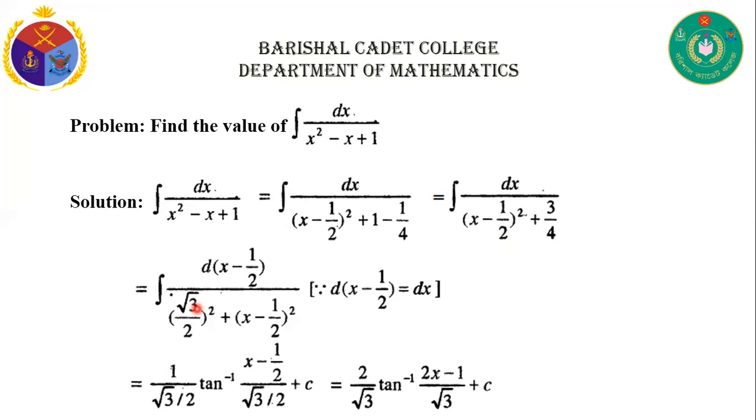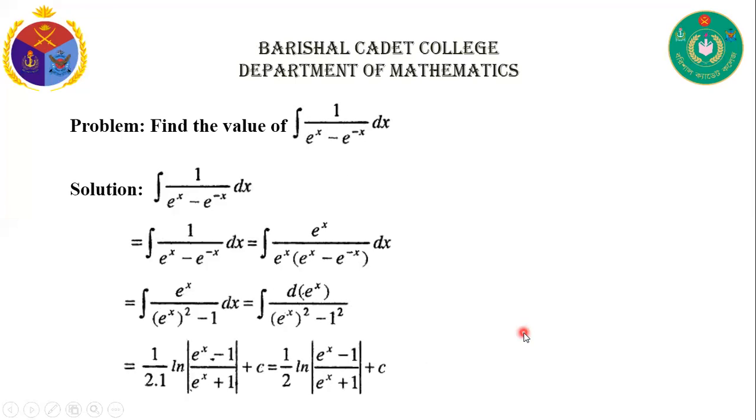Here a is √3/2, so 1/(√3/2) tan inverse of (x - 1/2) divided by a, that is √3/2, plus c. So our solution is 2/√3 tan inverse of (2x - 1)/√3 plus c. Okay boys, now we go to the next problem.